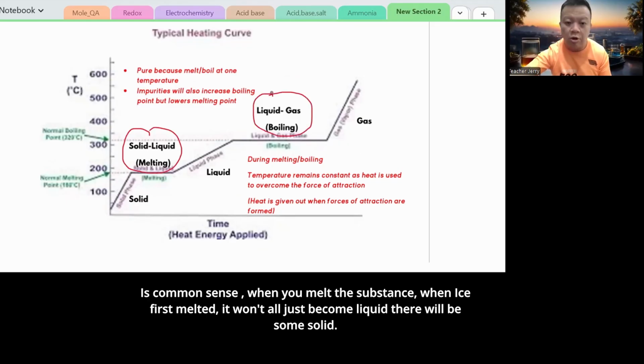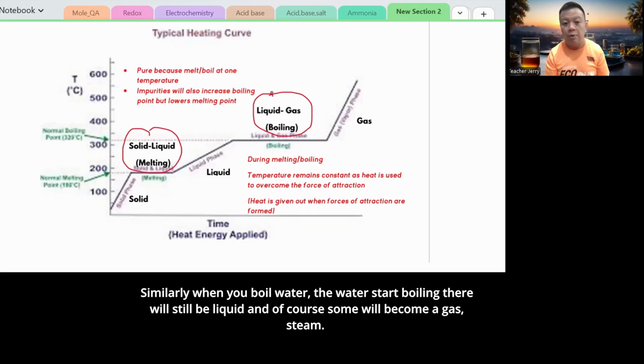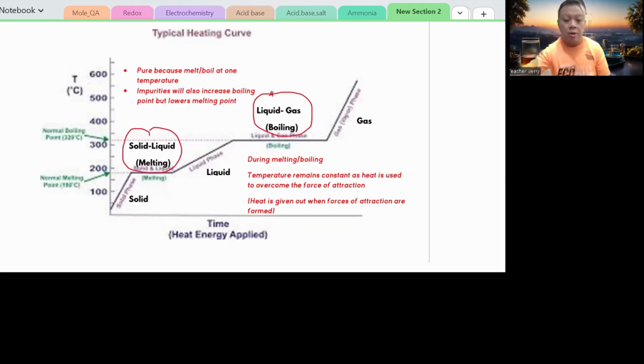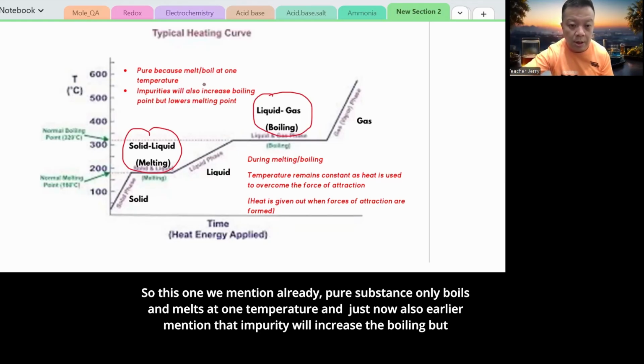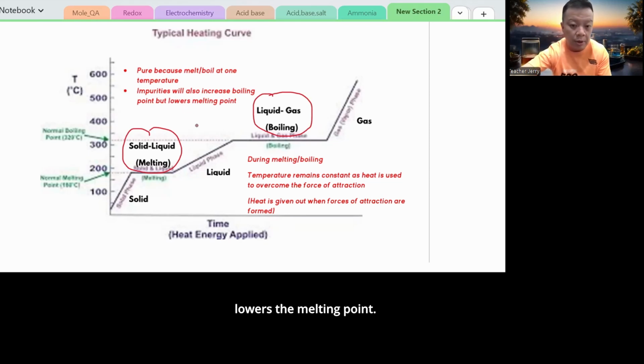It's common sense, right? When you melt a substance, let's say when ice first melts, it won't just all become liquid. There will still be some solid. Similarly, when water starts boiling, there will still be liquid, and of course some becomes a gas, steam. Just like we mentioned already, a pure substance only melts and boils at one temperature. And earlier we also mentioned that impurity will increase the boiling point but lower the melting point.